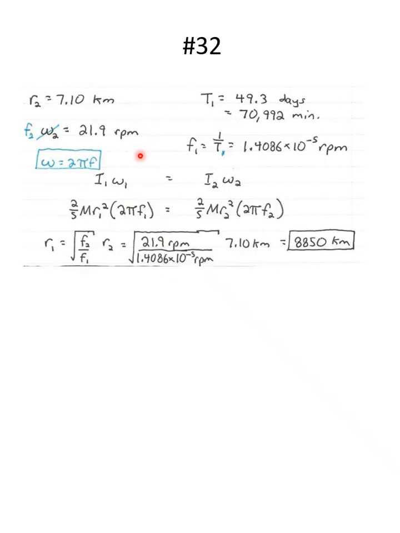And the reason is when we come down here, we're looking for the ratio between them. They should have the same units. So RPM and RPM divide out. And so when we calculate this, square root multiplied by 7.1 kilometers for the final radius, we get an initial radius of 8850 kilometers.